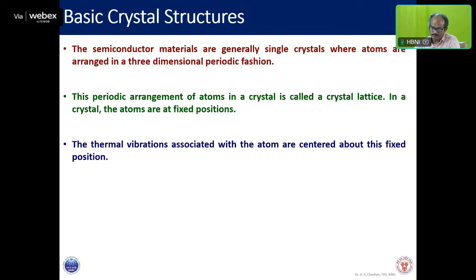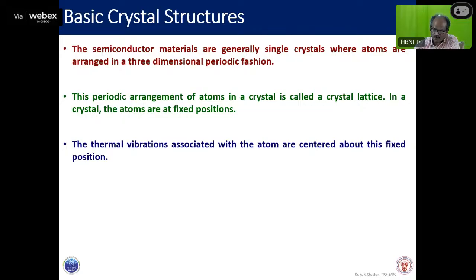At absolute zero, there is no vibration. All the atoms remain at fixed positions. However, as you start increasing the temperature, thermal vibrations take place. Why does this thermal vibration take place? Because of the thermal energy associated with the atoms at higher temperature.